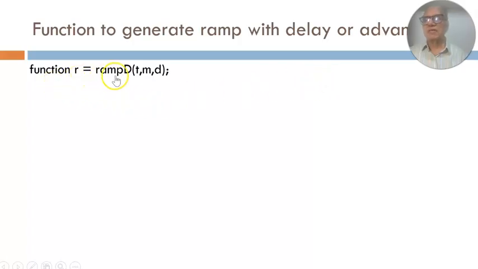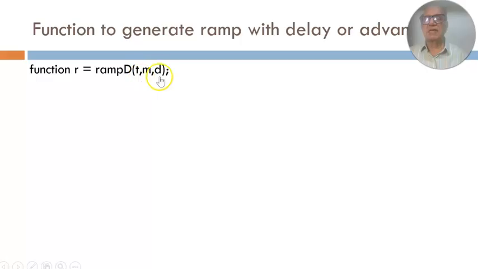Alright, so let's see the function for generating ramp with delay or advance. So function R is equal to ramp D. This is the name of the function, and there are 3 parameters which are input to this function. T is our usual time array, M is the slope of the ramp that we want, and D is either the advance or the delay depending on the sign of D. As we shall see, if D is equal to negative, for example -2, then it will be delay, but if it is +2, it will be an advance.